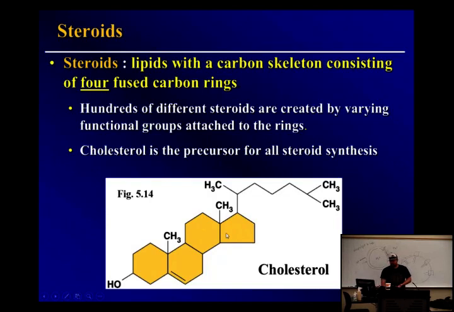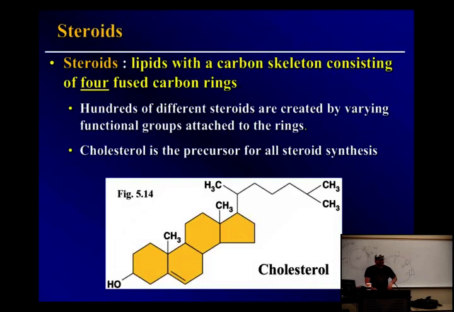This is considered a lipid because it's carbons and hydrogens, right? So is it water soluble? Carbons and hydrogens, are they water soluble? No, they're not. So that's why it's a fat, right? That's why it's in this category.